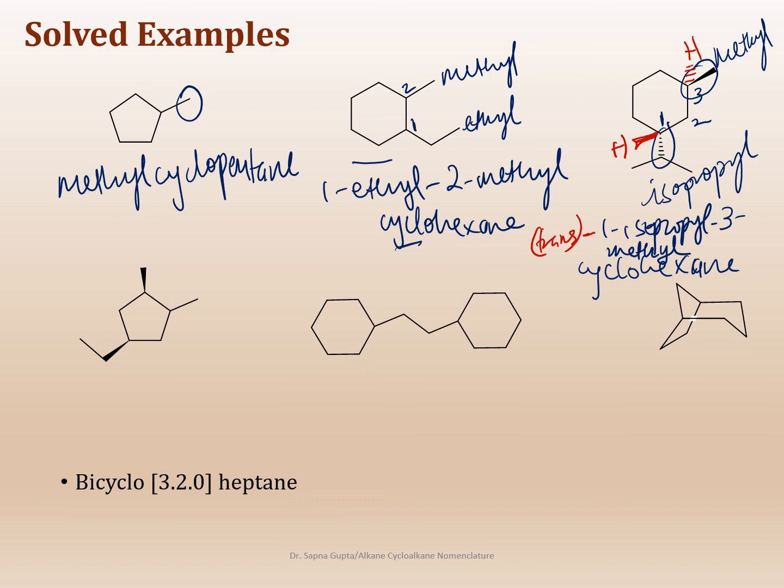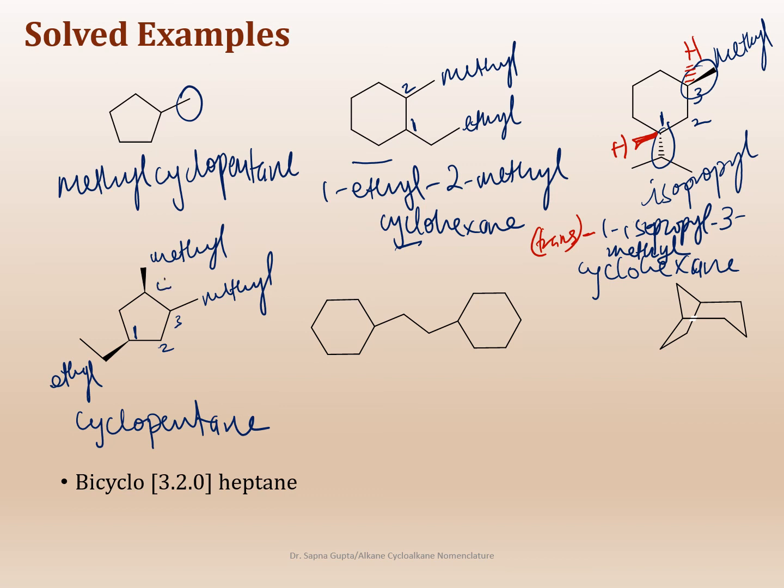Let's move on to the next one. Now we have a cyclopentane, and I have methyl and then ethyl. In this case, my numbering is going to start from the ethyl group. So 1, 2, 3, 4.